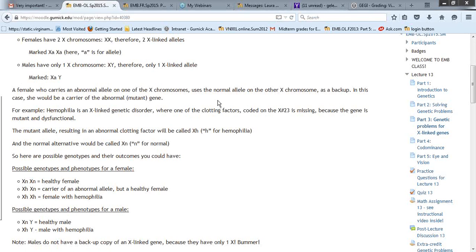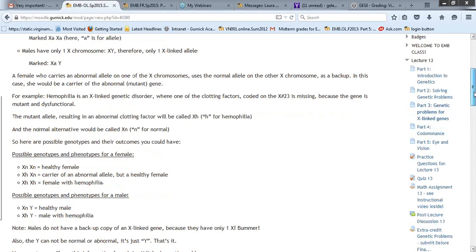So females usually have a backup plan, kind of like plan B. If one X chromosome lets you down, well, then you have the other X chromosome. For males, that is not the case because males don't have a backup plan. They don't have a backup copy of that X chromosome. They only have one, and the only one.